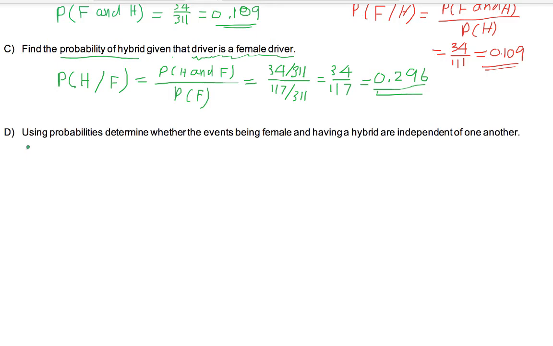In conditional probability, you have two equations: probability of F, a female, and H, right? Because they are asking female and hybrid, independent or not. Okay, that's the main thing. Female and hybrid. Therefore, we use the female and hybrid.